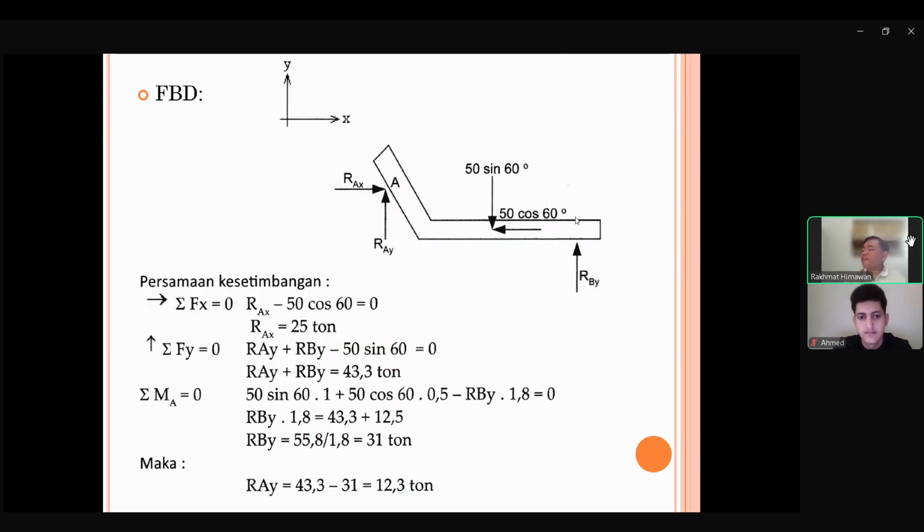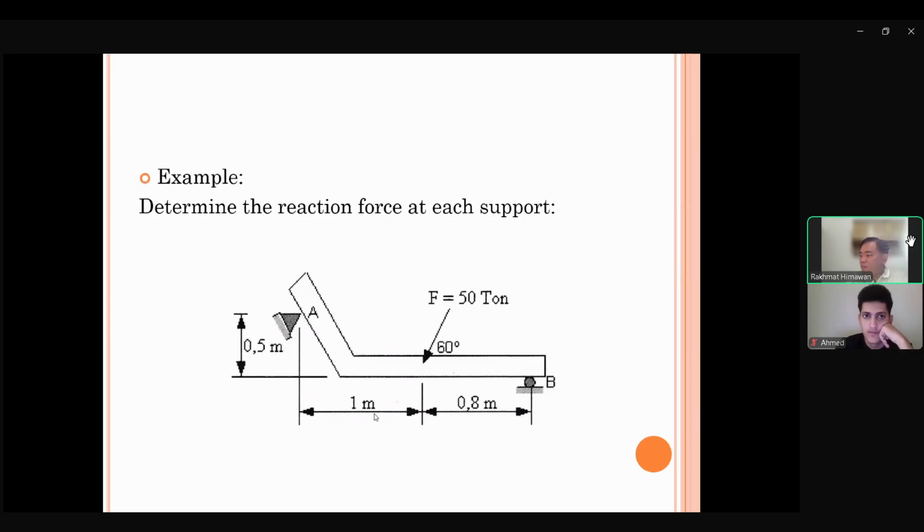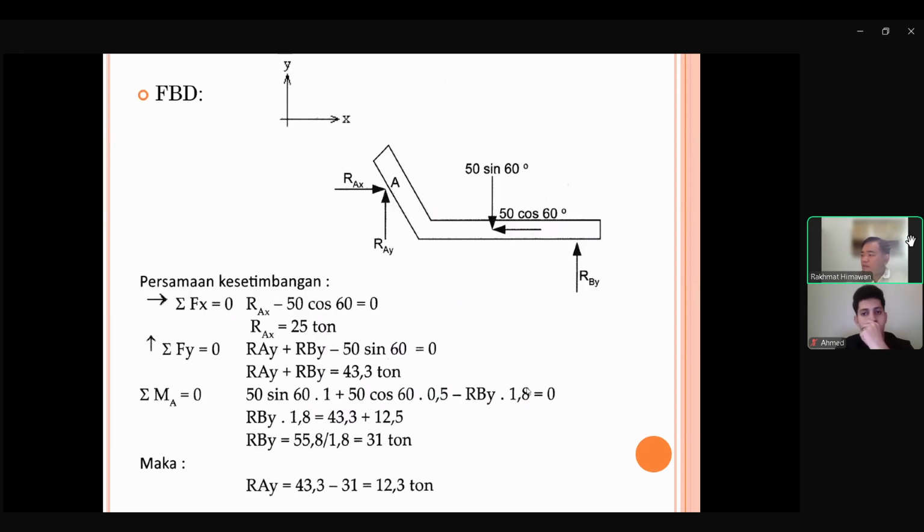Now we have RBY. The RBY toward point A has a counterclockwise direction. That's why this one is negative. RBY multiplied with the distance between RBY and A, which is perpendicular to RBY, which is 1 meter plus 0.8 meter. So 1.8 meter here. Okay. And everything is equal to 0.